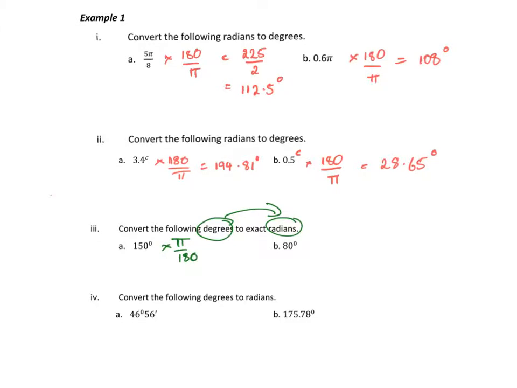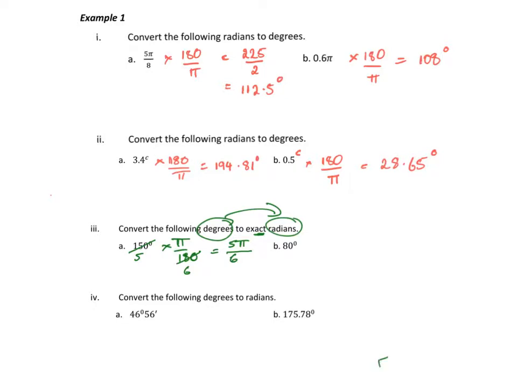And of course you can cancel that down if you want to, or stick it straight into your calculator, but we do know that 30 goes into 150 5 times, into 180 6 times, so you're left with 5 pi on 6. Now we do need to be careful here because it did want exact radian, so if I got a decimal there, it probably would not come out to be exact. So this is why I'm doing this manually at this point.